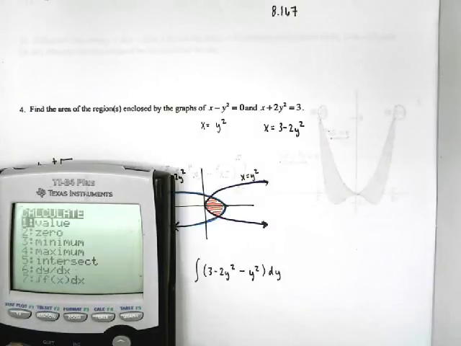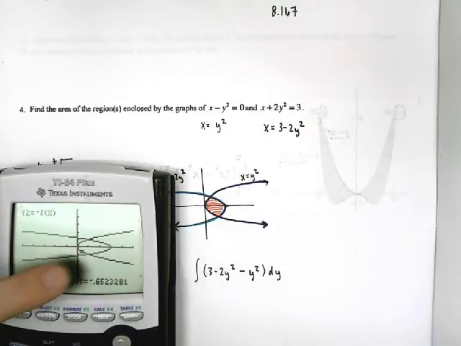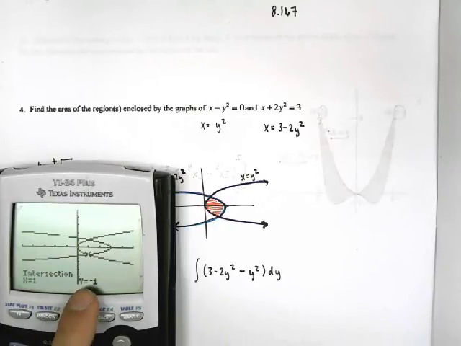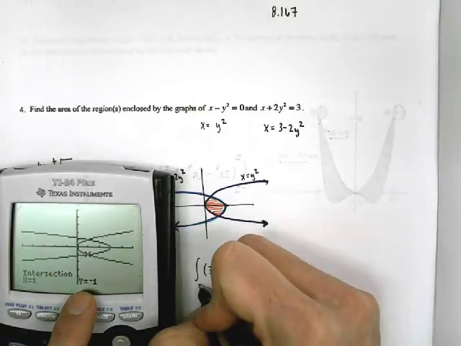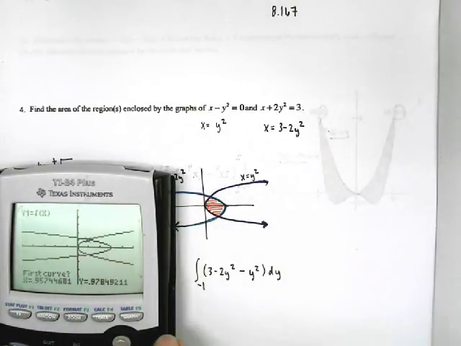Okay, so now I'm going to calculate my intersection point. So I'm going to come down here. Here we go. So I'm on negative square root of x. Now I need to get down here. That's where I want to be, and I'm going to hit enter. Again, I'm picking up the y value of that intersection, so my lower limit is negative 1. We'll calculate intersection again.